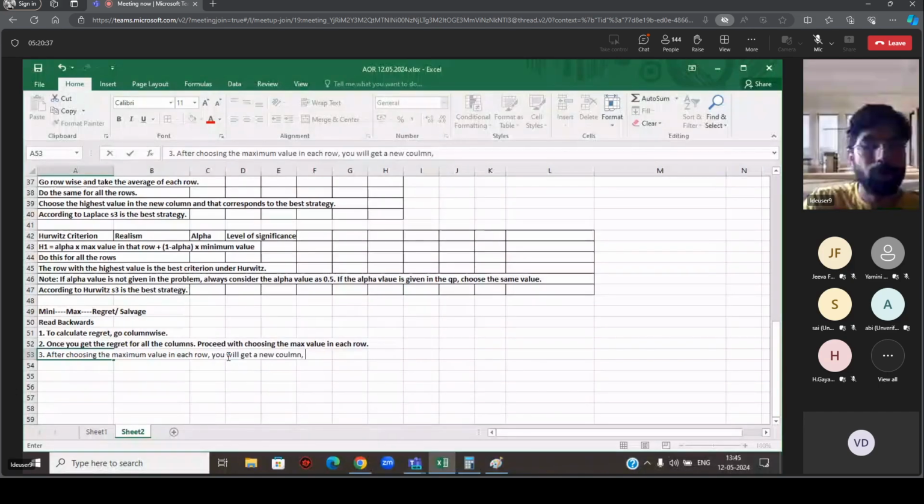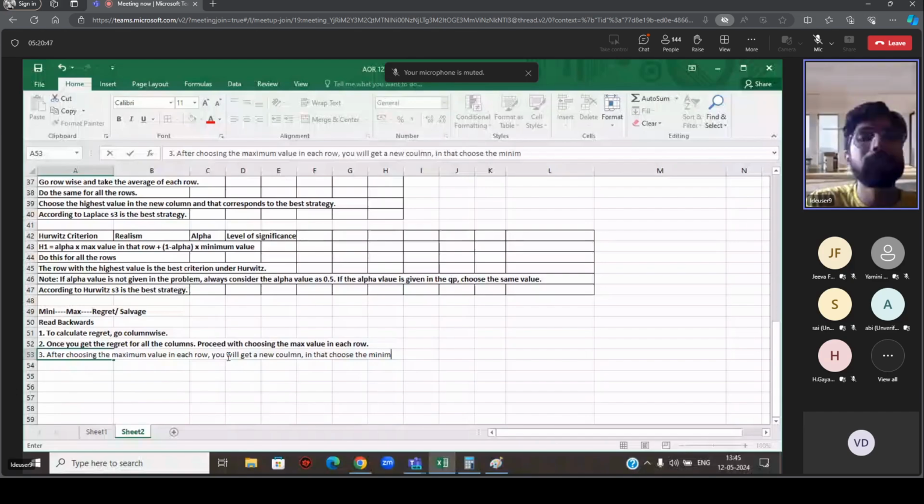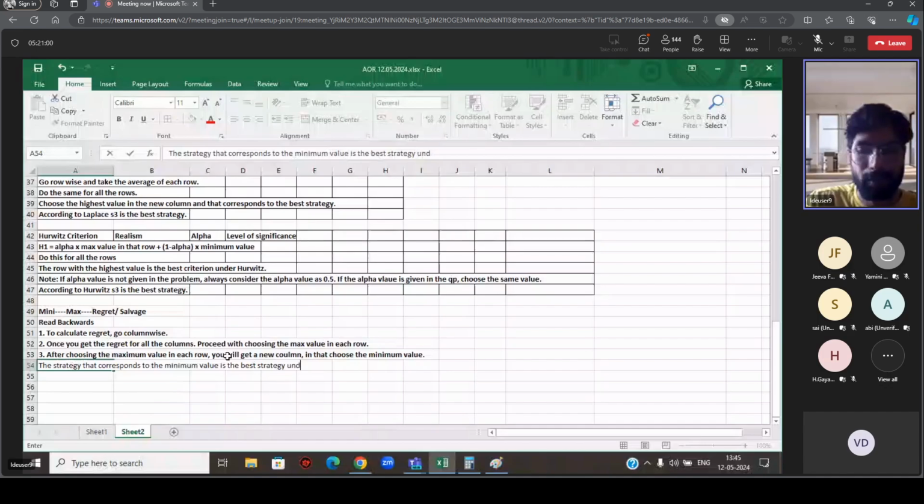The strategy that corresponds to the minimum value is the best strategy under the salvage criterion. Are you getting my point? The strategy that corresponds to the minimum value is the best strategy under the salvage criterion.